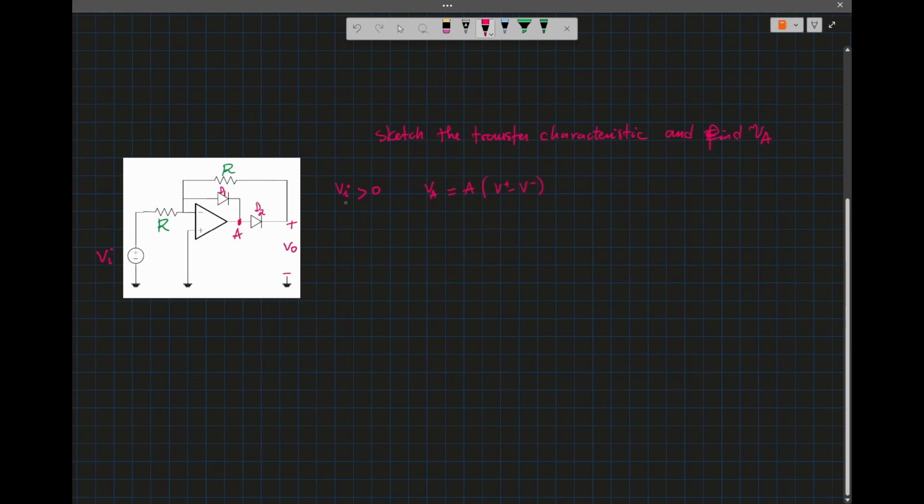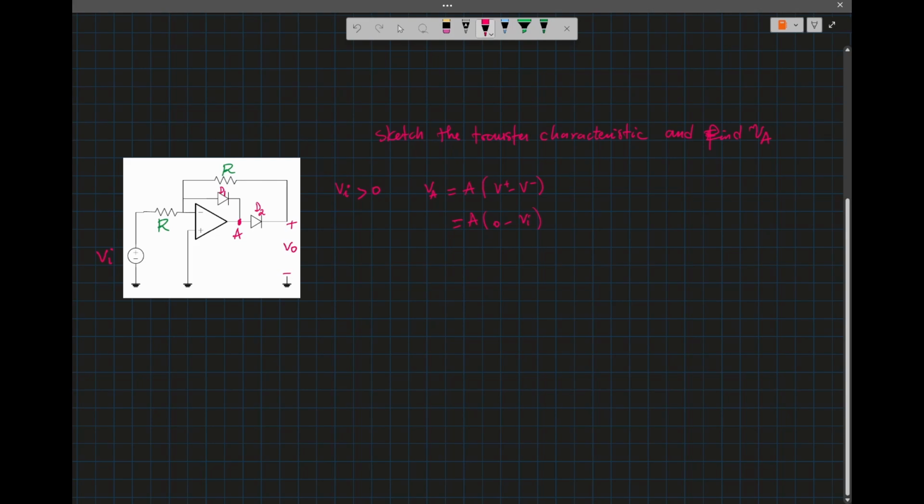So let's write it down. VA is equal to A times 0 minus V minus, which is VI.